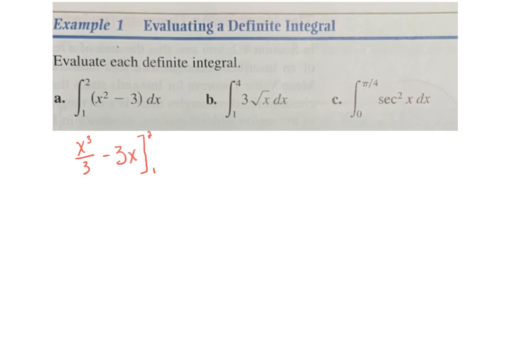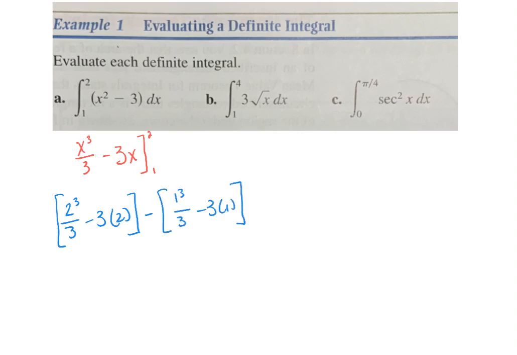So we're going to take our 2, and we're going to say 2 cubed over 3 minus 3 times 2. That's plugging in my 2. We are going to subtract what happens when we plug in a 1. And then we're just going to calculate it. What is 2 cubed? 8 thirds minus, this is 6, so that would be what? 18 thirds? I like to get common denominators while I can, right?